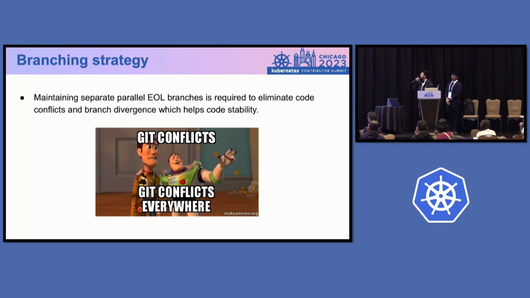Next, maintaining separate parallel end-of-life branches is required to eliminate code conflicts and branch divergence, which helps code stability. We follow a similar approach for creating the LTS branch. This solves a lot of code conflicts, because all the master branches are synced from upstream, but internally, if conflicts happen and you are not managing them, it takes a lot of time to debug and resolve which conflicts we need to merge or not.